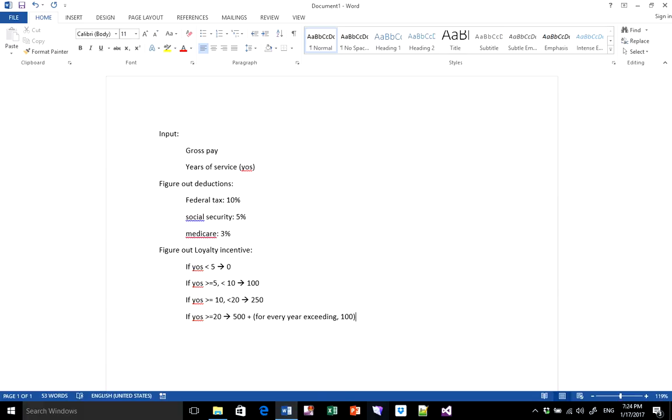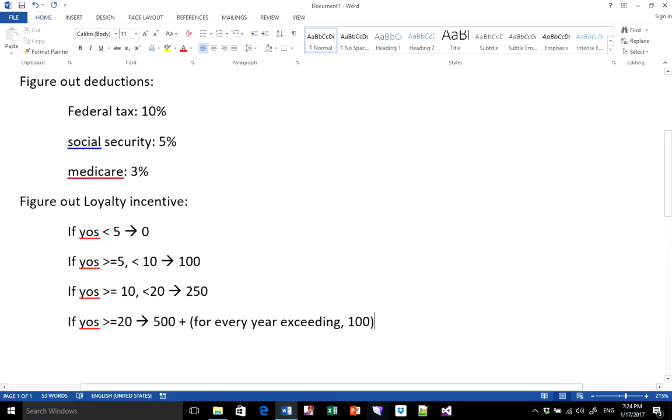So if your years of service is 6, what is your loyalty incentive? 100. If your years of service is 15, you get 250. If your years of service is 1, 0.